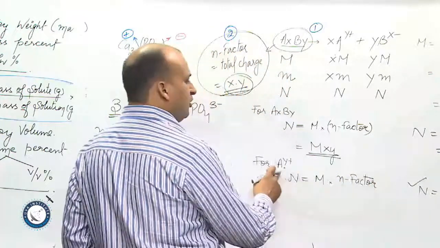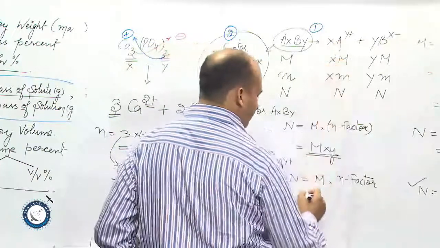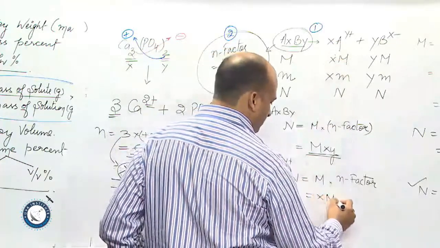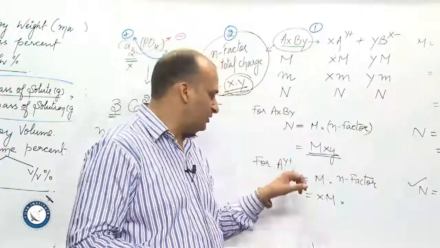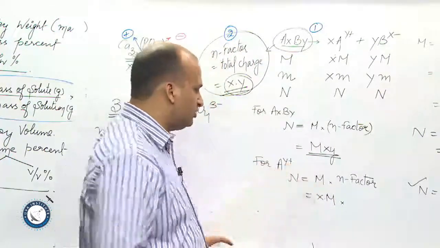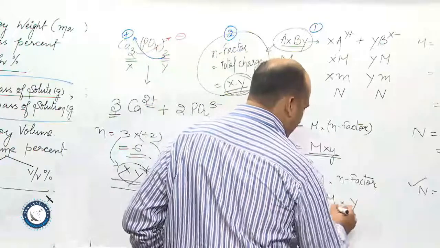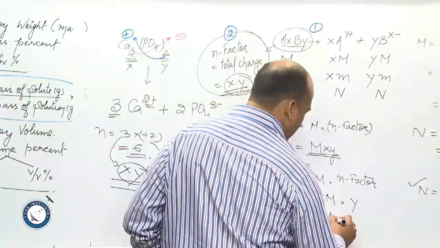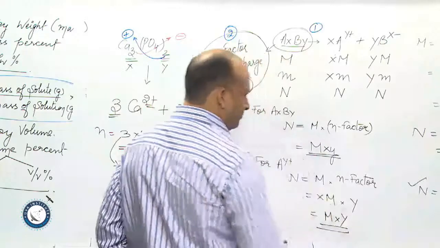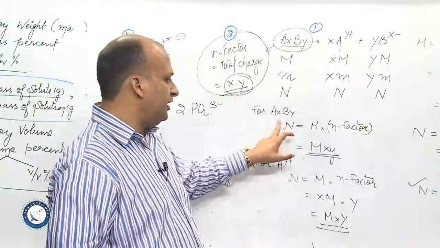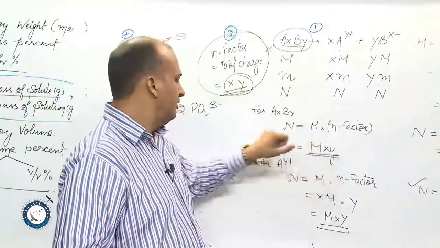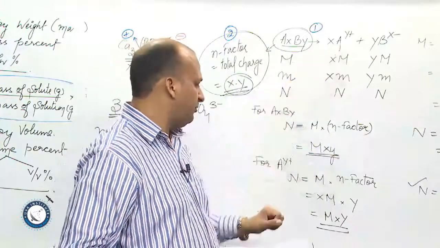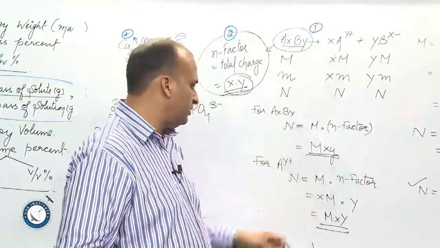What is the molarity of A raised to power y plus? XM. Now for the cation, what is the n factor? Charge. What is the charge over here? Y. So this is again MXY. So normality for AxBy is N, which is MXY. Normality for A raised to power y plus is also N, which is MXY.